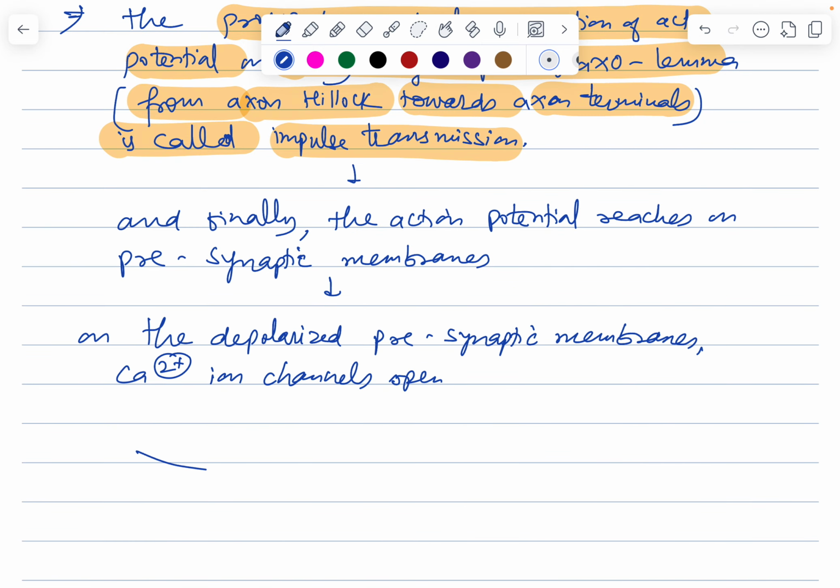On the depolarized axon terminal membranes, the presynaptic membranes which have got depolarized just now, what is going to open over here? Calcium channels. So what enters in through the calcium channels? Obviously calcium ions.